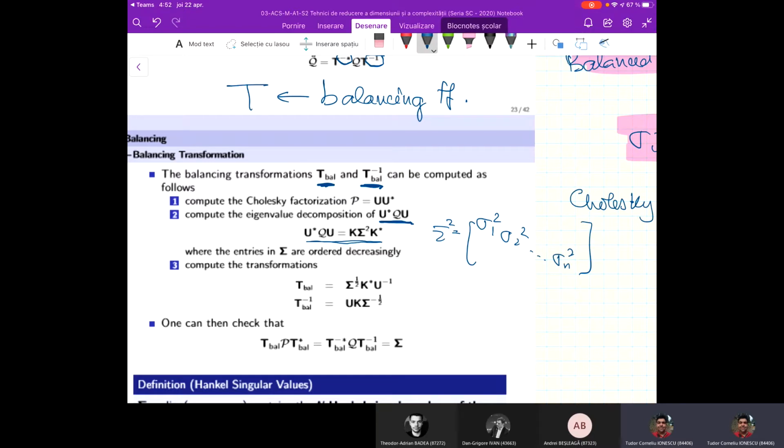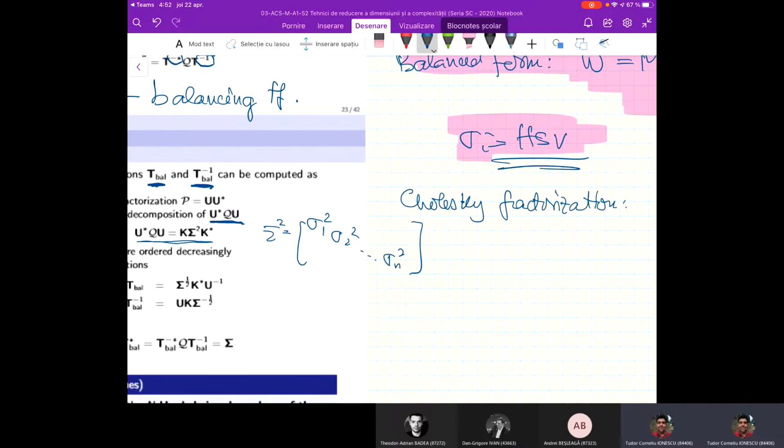Question. Why is sigma diagonal and not Jordan? How are the Hankel singular values? Are they distinct or are they equal?